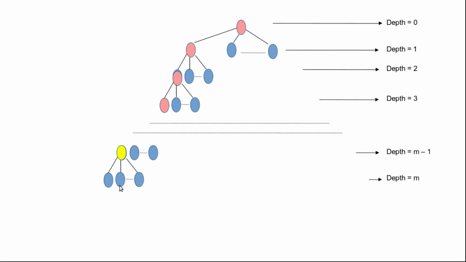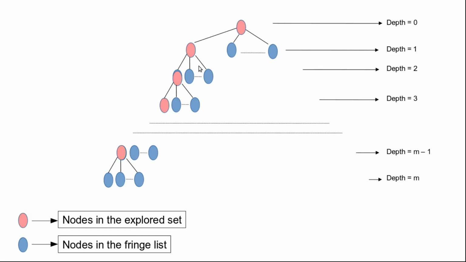And since these leaf nodes don't have any more successors, now let us check how many nodes are there in the explored set and how many nodes are there in the fringe list.